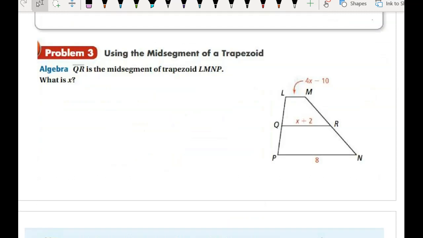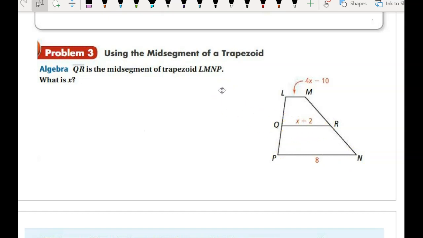Okay, so let's take a look at problem 3. We're going to be using the mid-segment of a trapezoid. So what does it say? It says segment QR, which is right here, is the mid-segment of trapezoid LMNP, and it wants to know what is x.